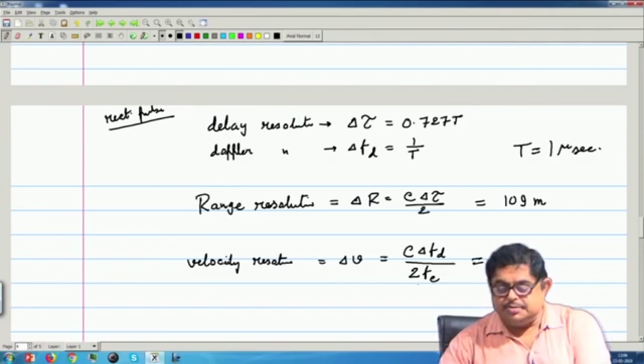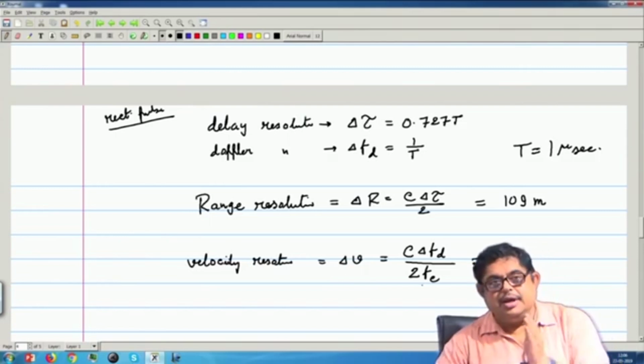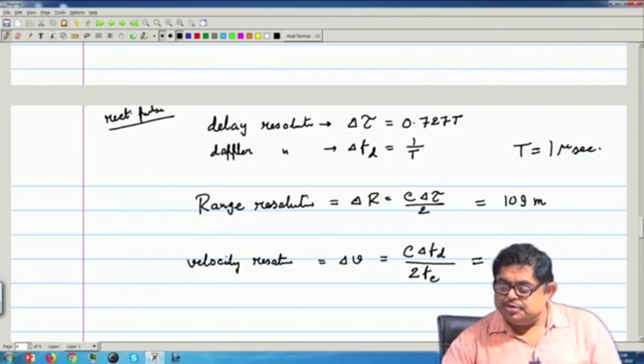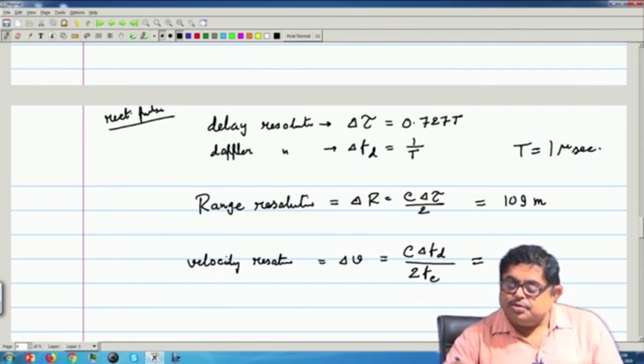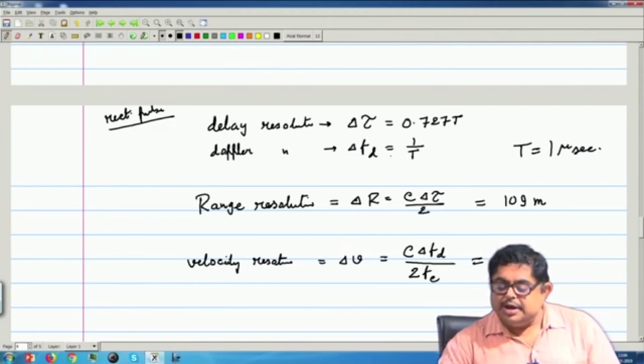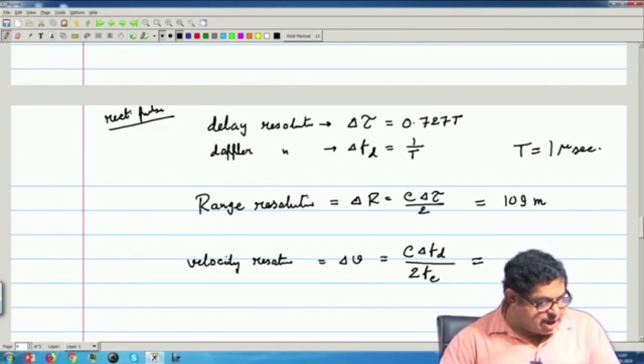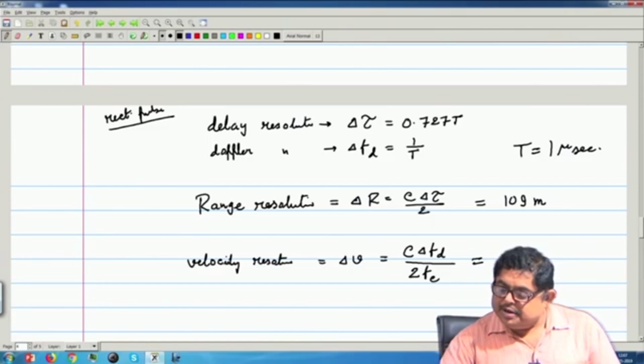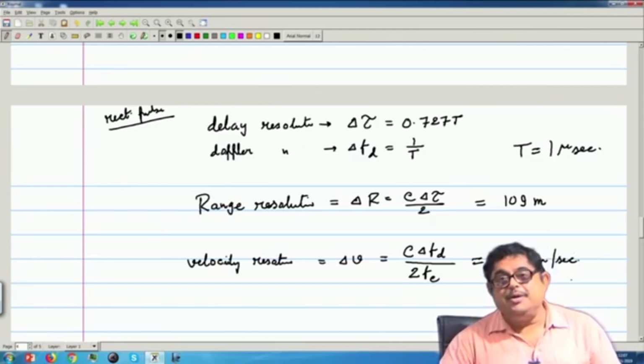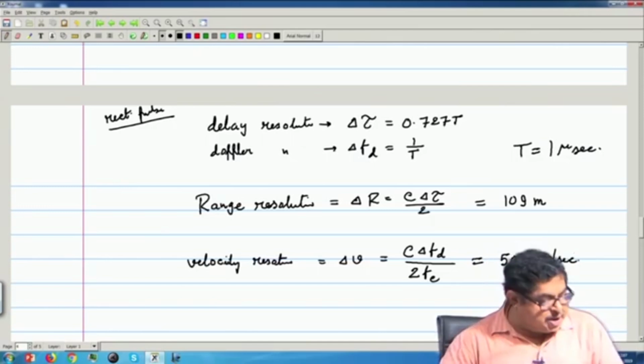So, in that expression we are just putting the differentials. For this 1 microsecond pulse, it will come as 50 kilometer per second.